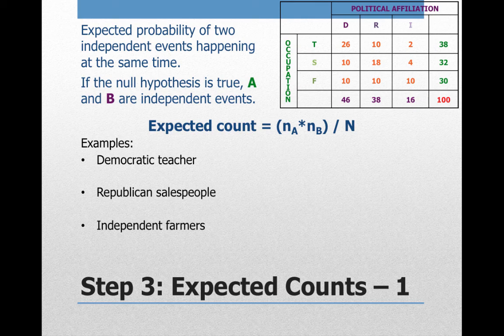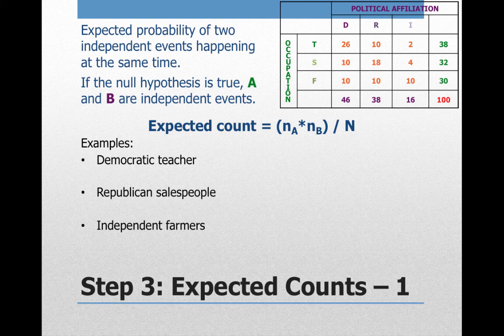So a Democratic teacher. How many people would we expect within the sample of 100 people to be Democratic teachers if occupation and political affiliation are completely independent events, that there's no relationship between them?